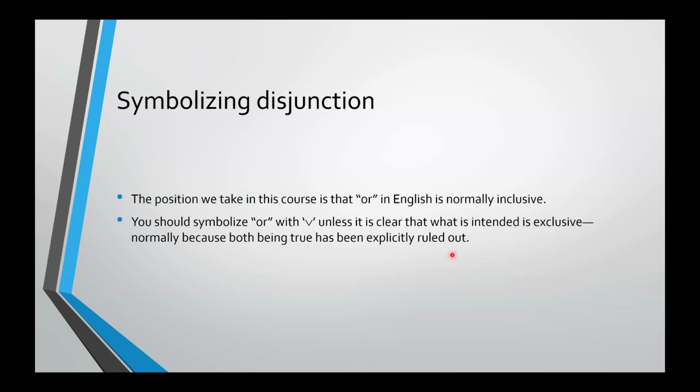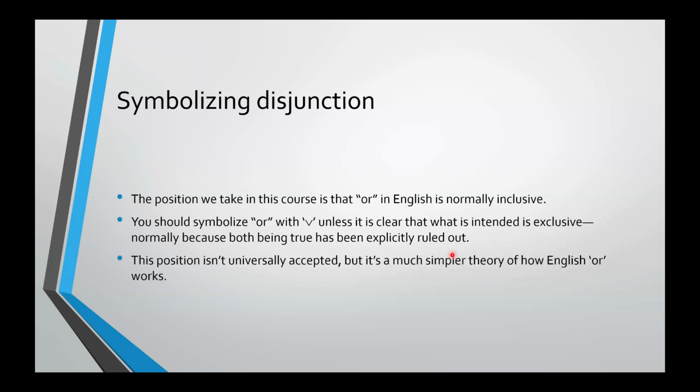That background information tells you that you can't get two drinks with a meal. So, on the basis of that background information, you know that both of the disjuncts can't be true, but that's not actually part of the meaning of the sentence. So, the or there is still inclusive. It's something else, this background information, that rules out the possibility that both disjuncts are true.